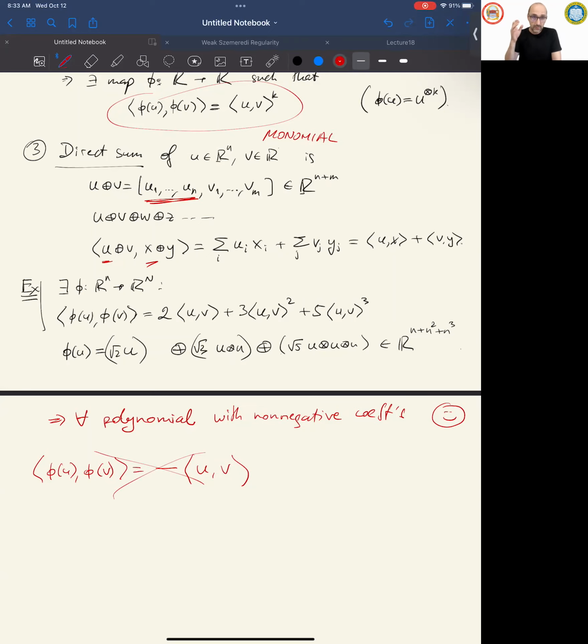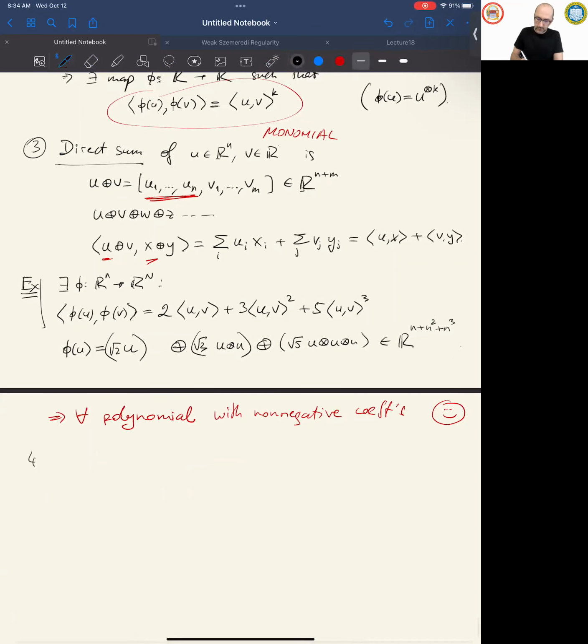That's right. So at this point we'll just realize it with two different phis. Let's say one is phi and the other is psi. So how do we do that? We'll just stick signs into the psi.